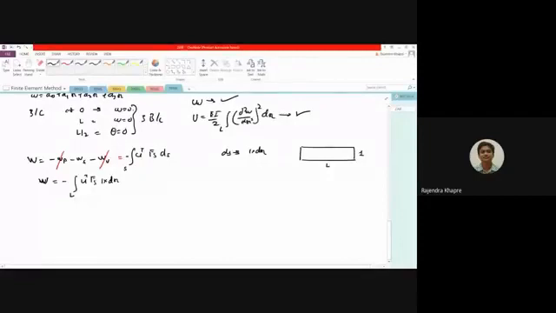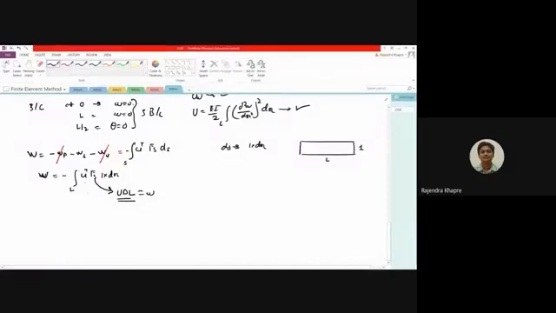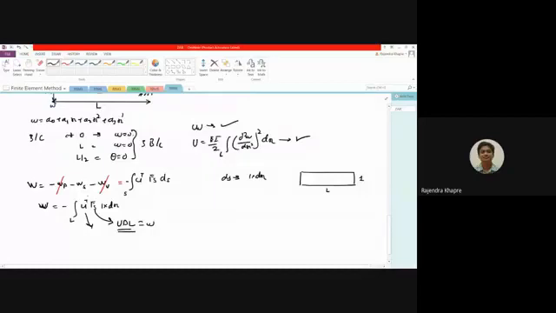This fs value is nothing but your UDL value, which is given to you as W. And this u transpose is nothing but your displacement polynomial. I should not write u, I should write w over here because this is a beam, so this will be w transpose.